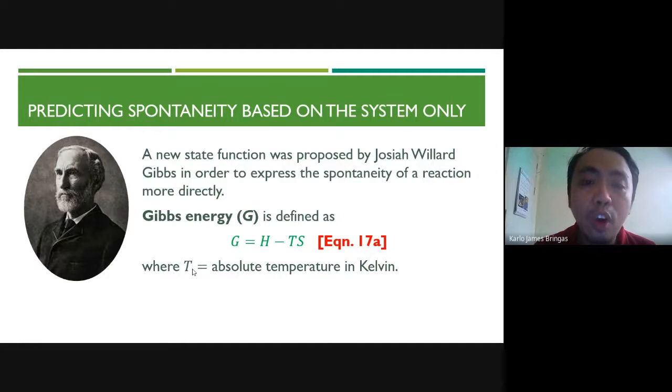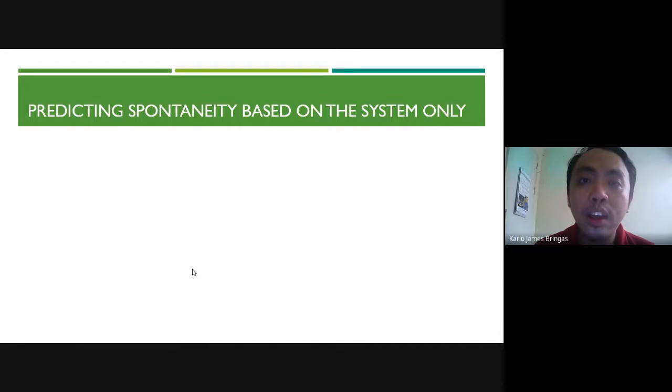Now, as with all of our other quantities we've introduced, the internal energy, the enthalpy, the entropy, our G, we can also have an equation to express its change in a process. So we consider here, for our Gibbs energy, only changes that occur at constant pressure and constant temperature.